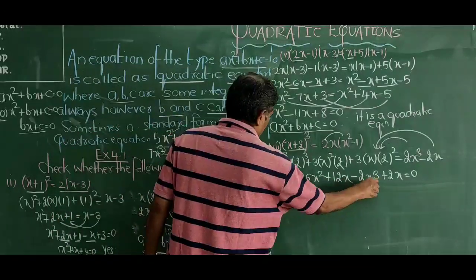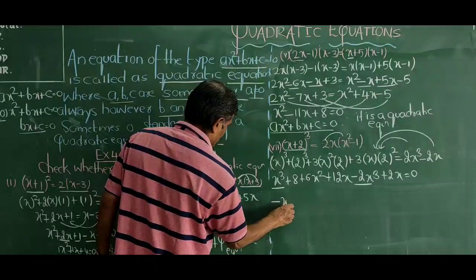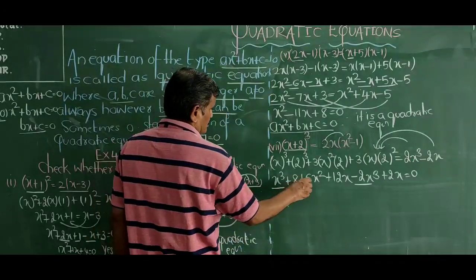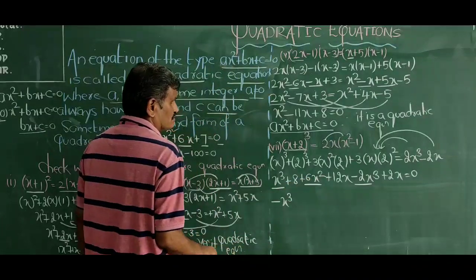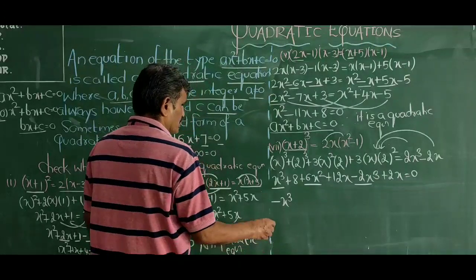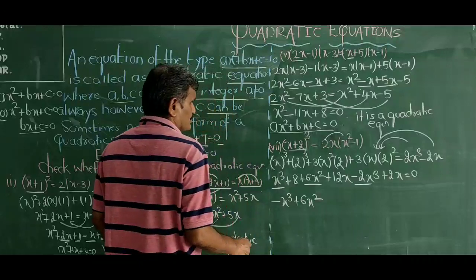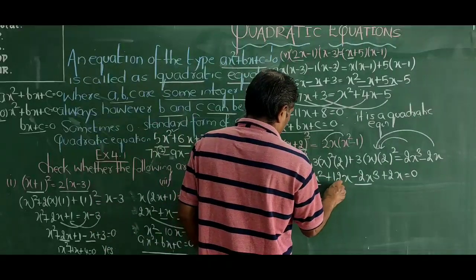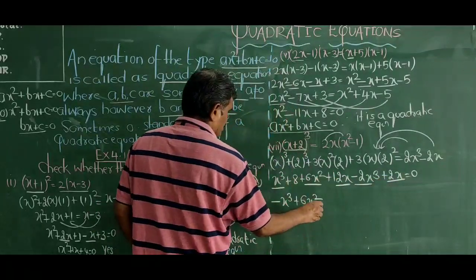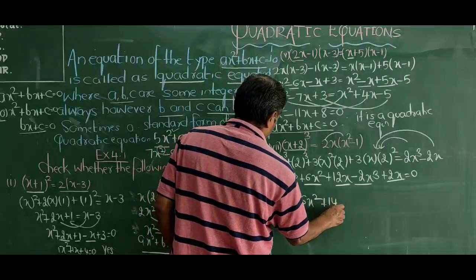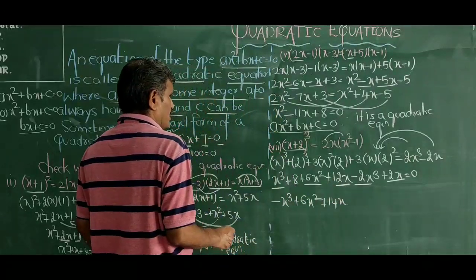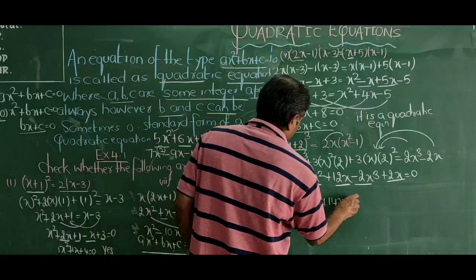Plus x cube minus 2x cube is minus 1x cube. 6x square, it is the lone term here, so I'll keep it as it is. Now 12x and 2x is 14x, and what remains here is plus 8.